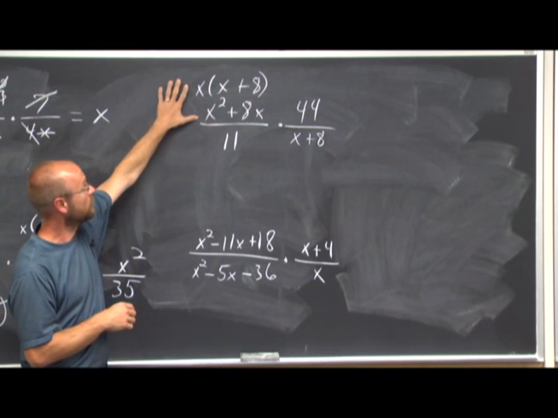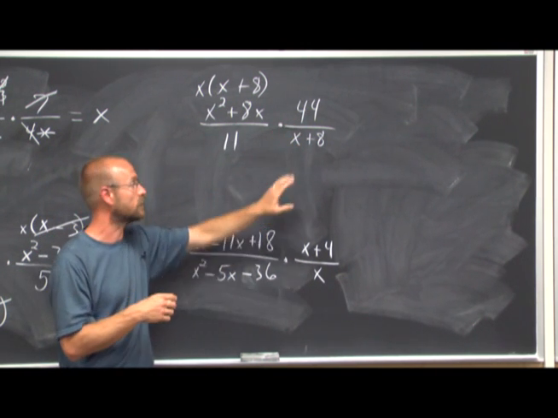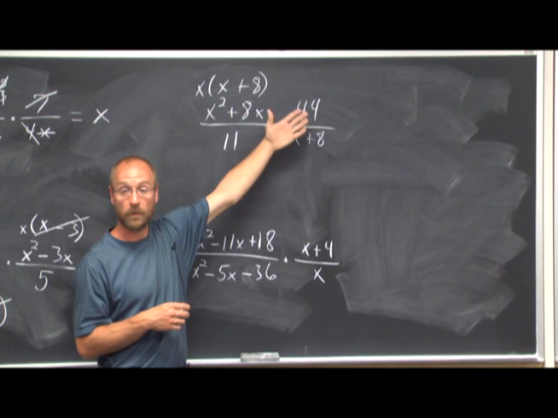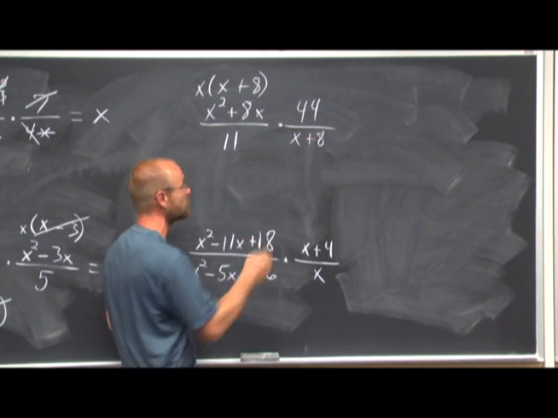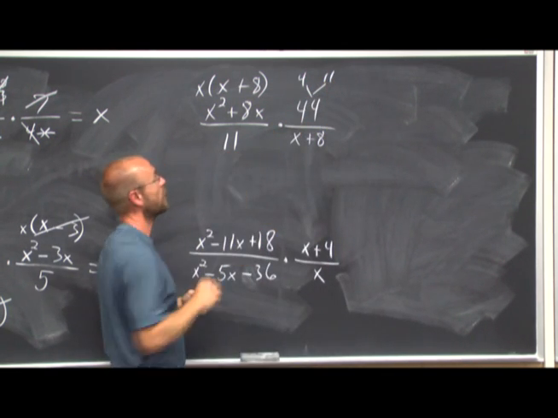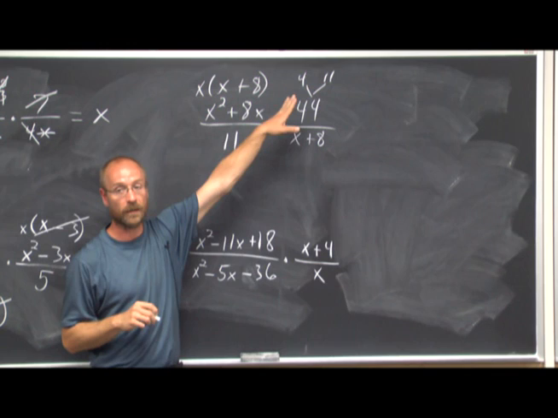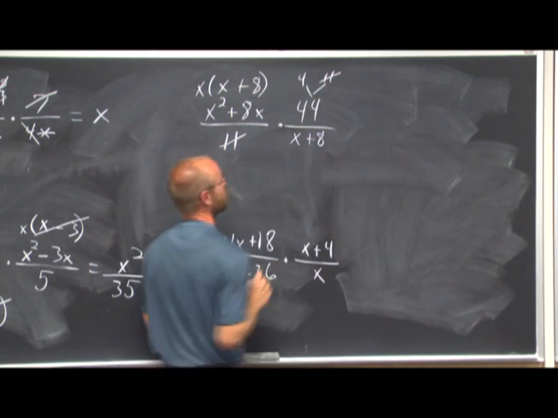All right, so we factored this quantity. Well, this is just the number 11. It doesn't factor other than 1 and itself. This is 44. Well, maybe we look at that as some place to factor. That's 4 times 11. Let's go ahead and write that out. 4 times 11 are the factors of 44. Now I have an 11 on top. It can reduce to 1 with the 11 on the bottom.